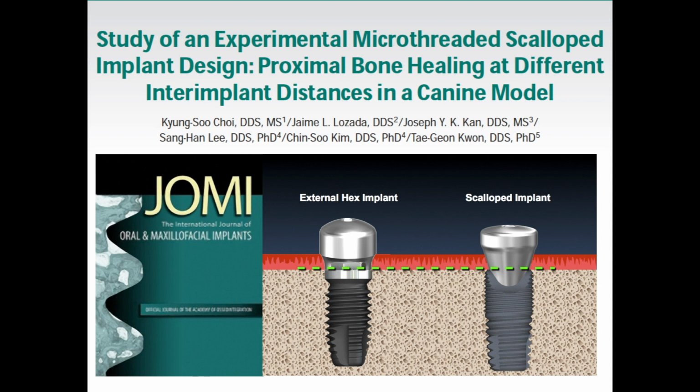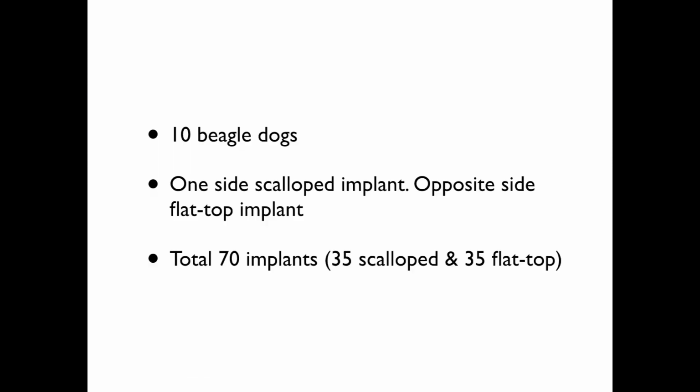External hex implants were used in the study as a control to compare with the experimental scalloped implant. The rationale was that if this experimental scalloped implant has similar bone loss as a conventional external hex implant, then further research would be warranted for this new generation scalloped implant with microthread and platform switching.